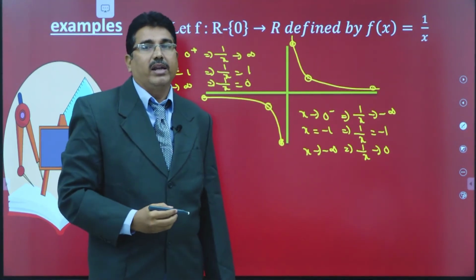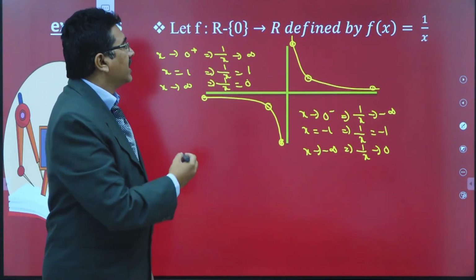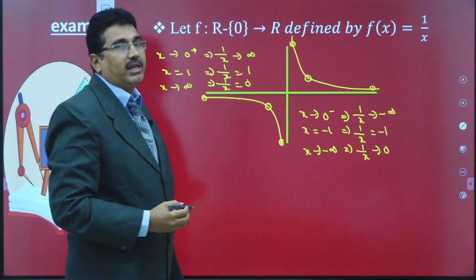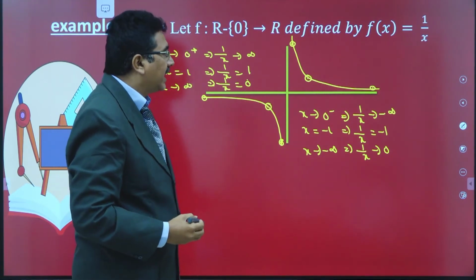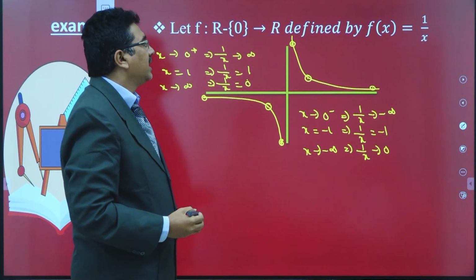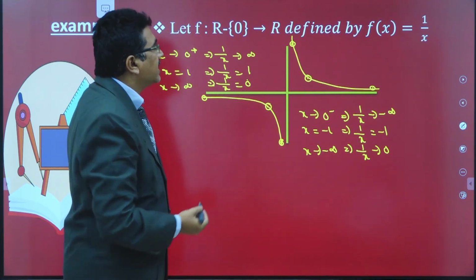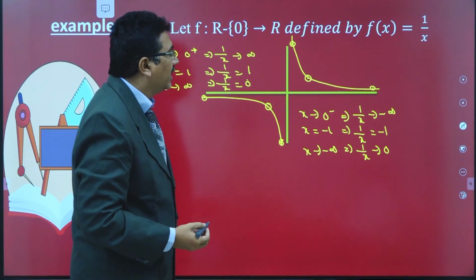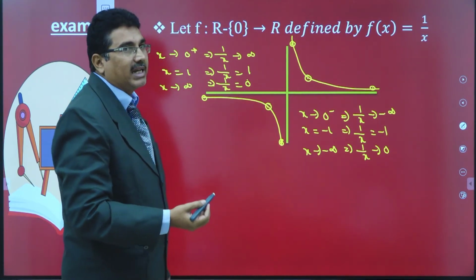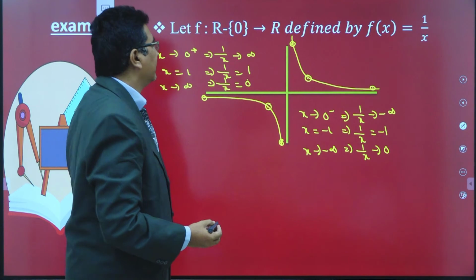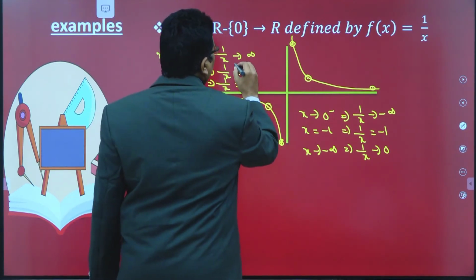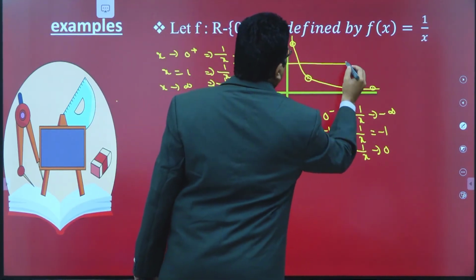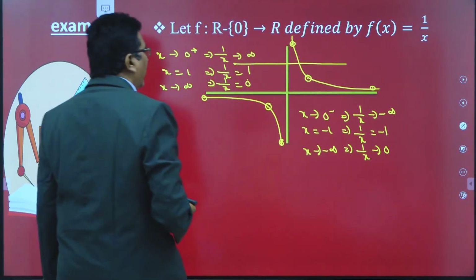Now verify this function is a one-one onto bijective function. Draw a horizontal line from the points on the codomain; it intersects at only one point.